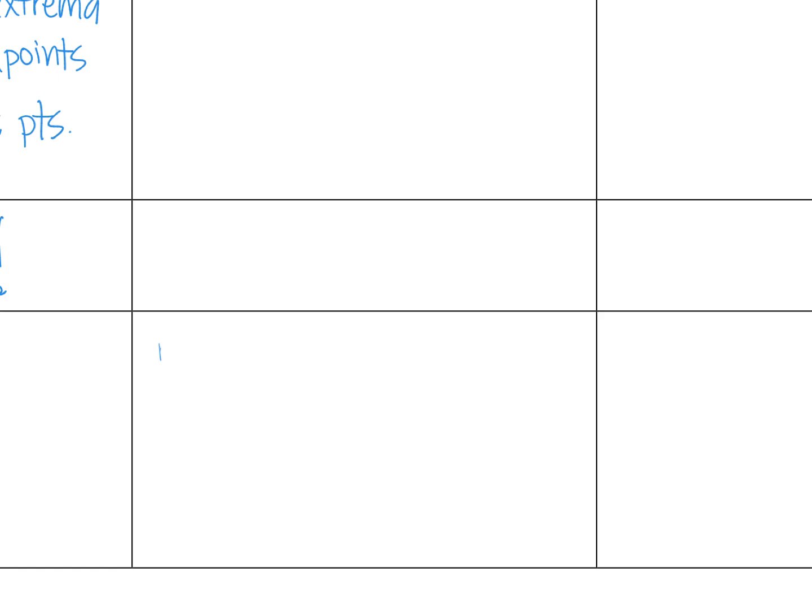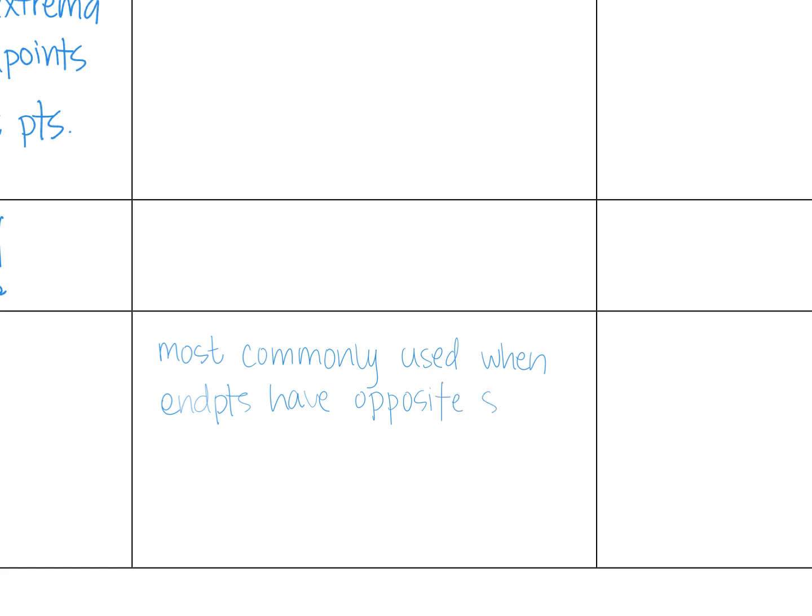This is most commonly used, but not exclusively, when endpoints have opposite sign, because you can guarantee a 0.